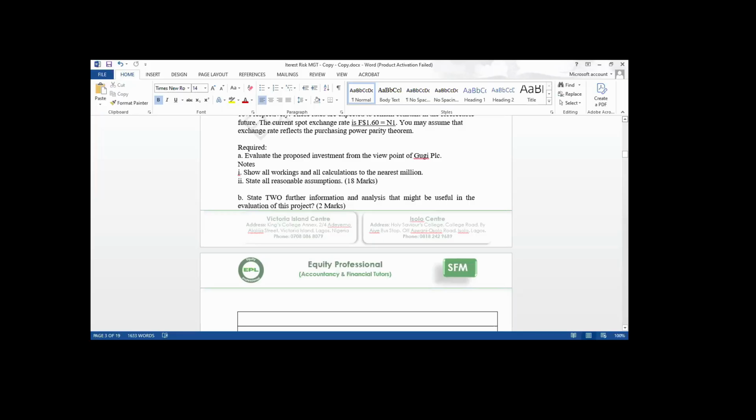All right. Let us try to evaluate the project. In other words, let us calculate the NPV of the project. Because it involves foreign currency, we need to forecast exchange rates.